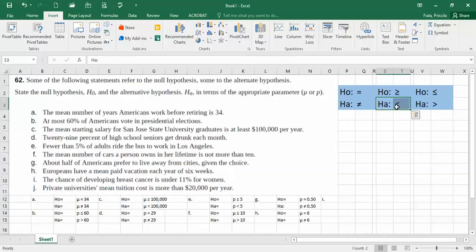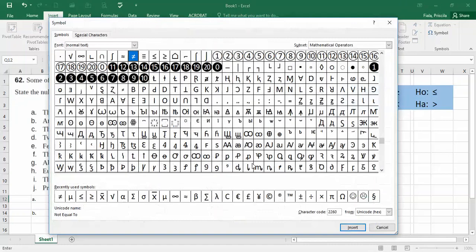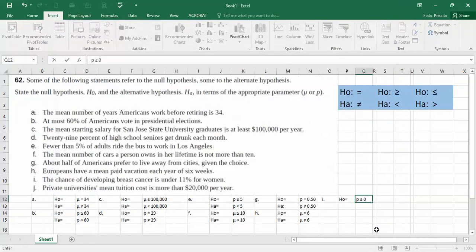Under. Alternative is under. Your null hypothesis is going to be greater than or equal to, so your proportion is greater than or equal to 0.11. Your alternative, under, therefore less than 11%.